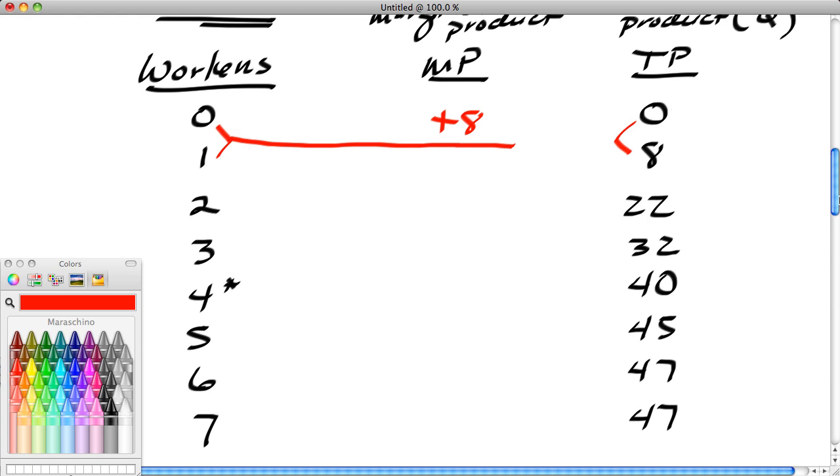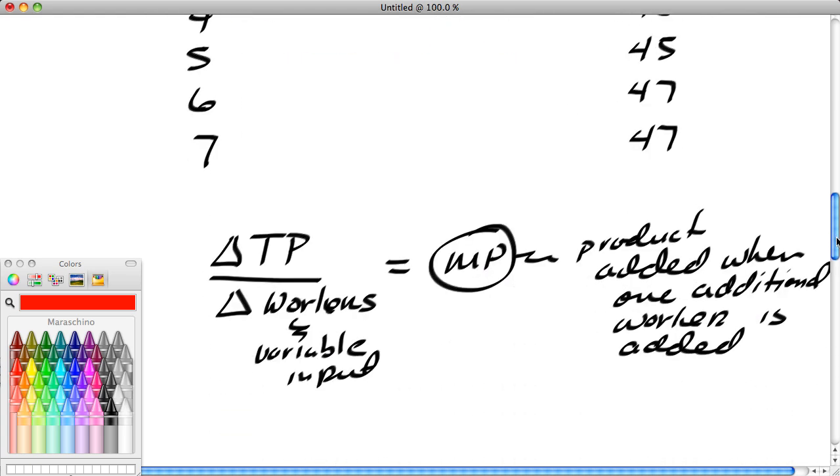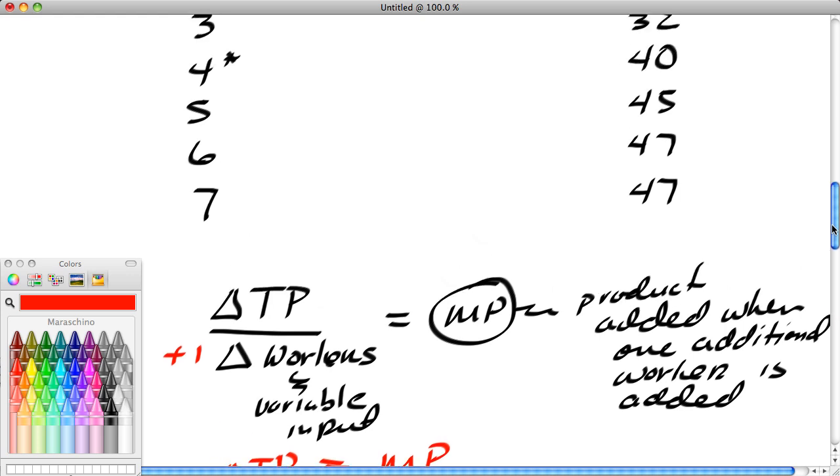The denominator down here in this calculation is always plus 1. So the change in total product is divided by 1, which means we're essentially saying the change in total product is equal to marginal product. You can basically drop the denominator out because the denominator is always 1.